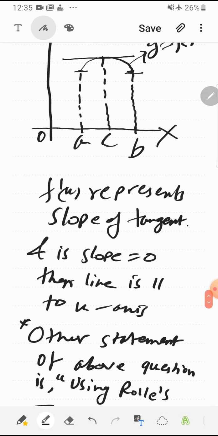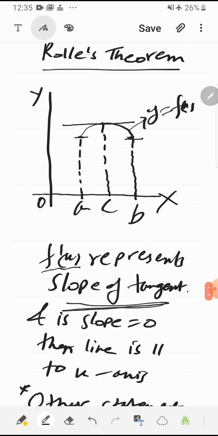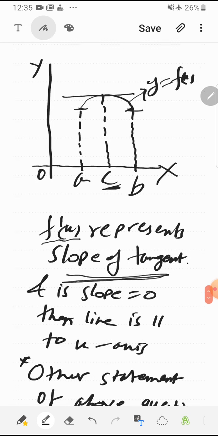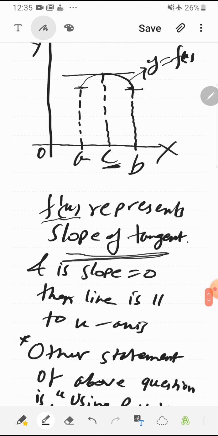Now as we have discussed in the introduction of derivative, f dash x, that means the derivative, represents the slope of the tangent to the curve, and slope is 0, that means the line is parallel to x axis. That means what is point c? C is the point where if I draw the tangent, then that tangent is parallel to x axis. So that is the geometrical meaning of Rolle's theorem.